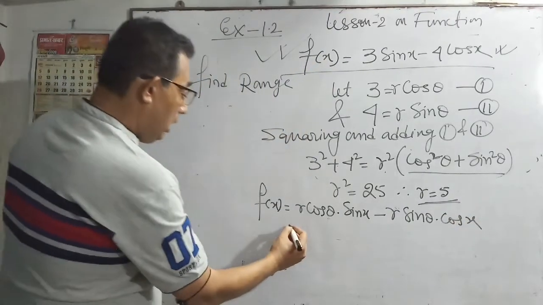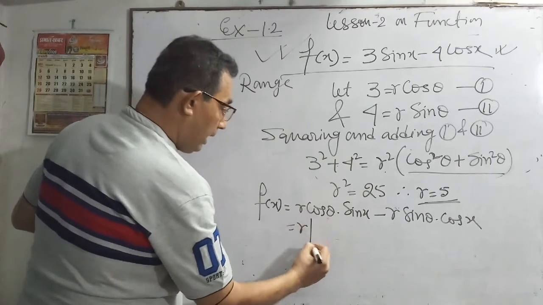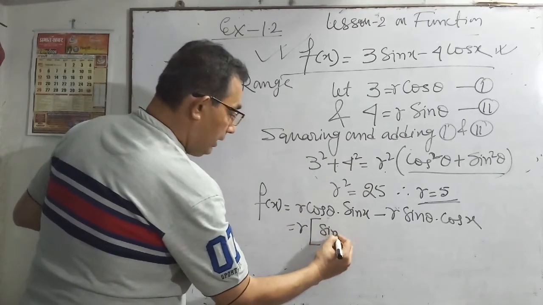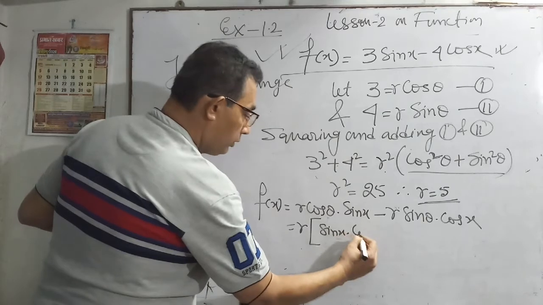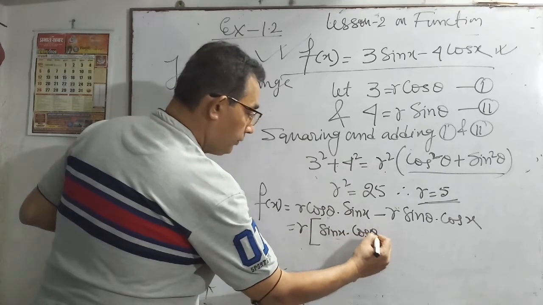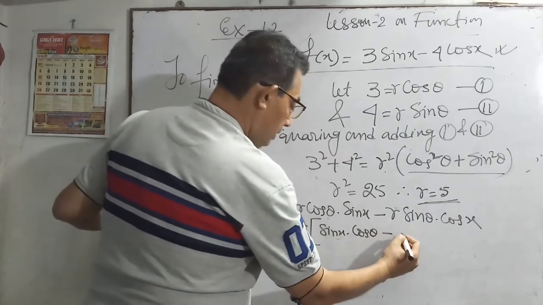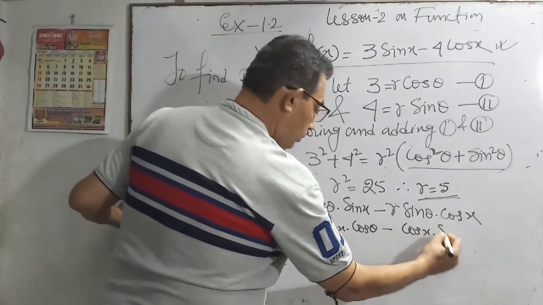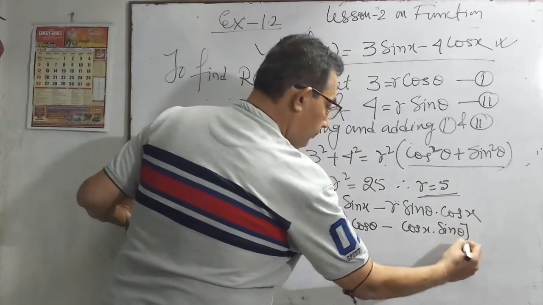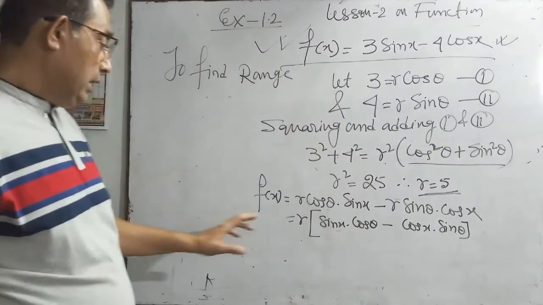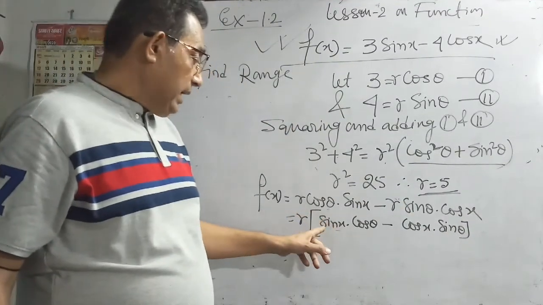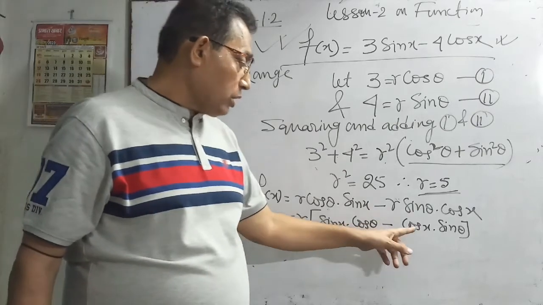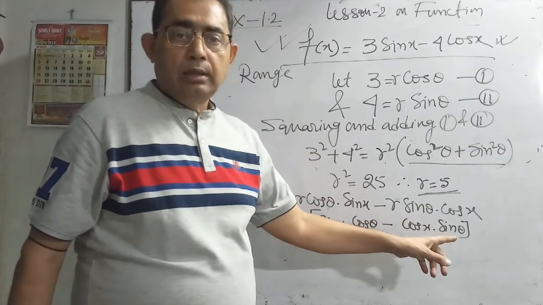Clear? Now, r we can write as sin x into cos theta minus cos x into sin theta. Clear? Sin A cos B minus cos A sin B. What is the formula?